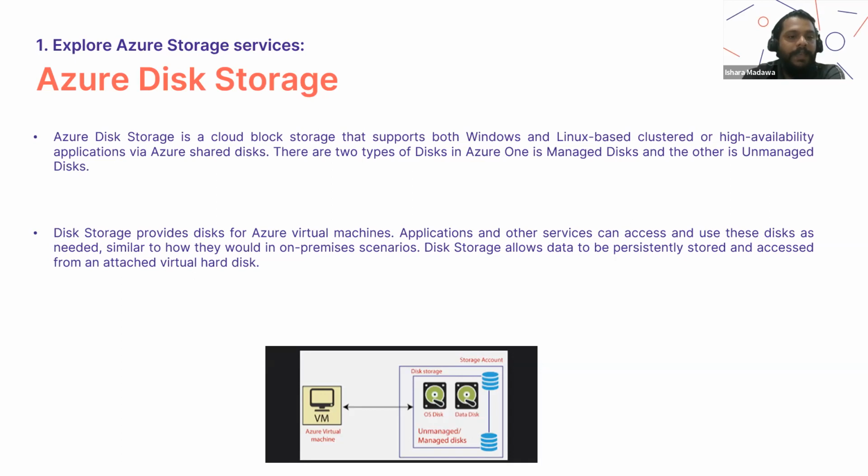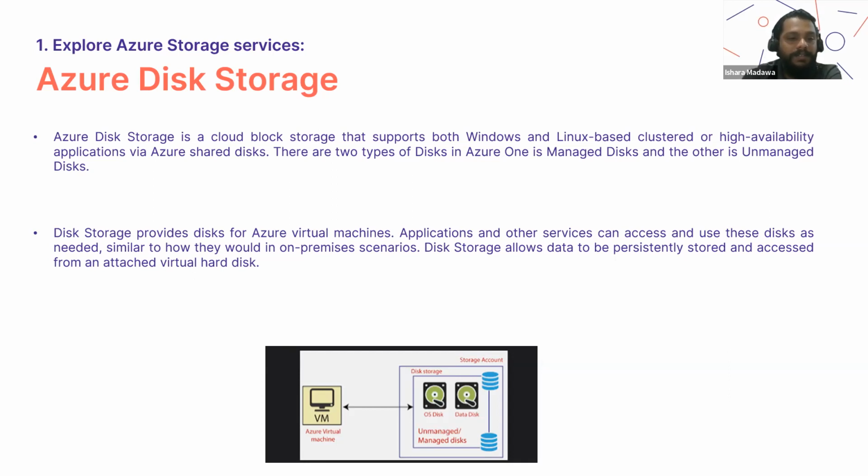With unmanaged disk storage, you must create a storage account in resources to hold the disks for your virtual machines. With managed disk storage, you are no longer limited by the storage account limit. You can have one storage per region as well.